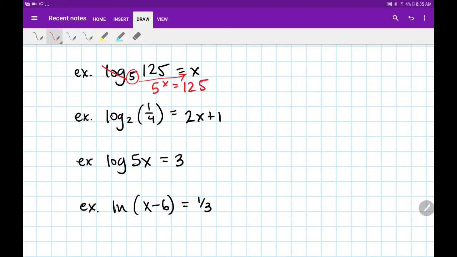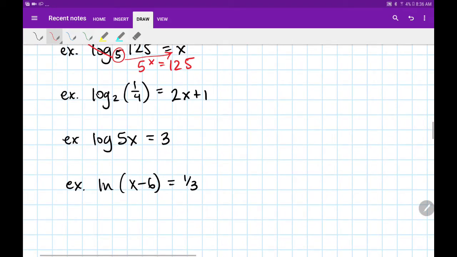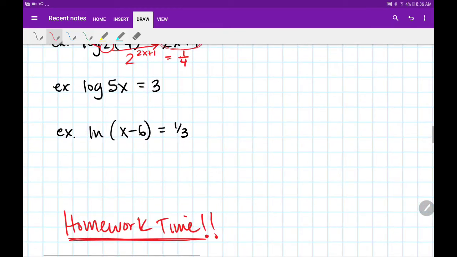Nice. Let's do that again. Practice. I'm in log form. I want to go to exponential form. So cross out the log. So we'll have 2 to the power of 2x plus 1. So notice this entire thing was my exponent. Equals 1/4. It's not so hard.